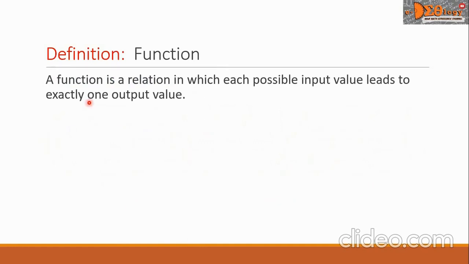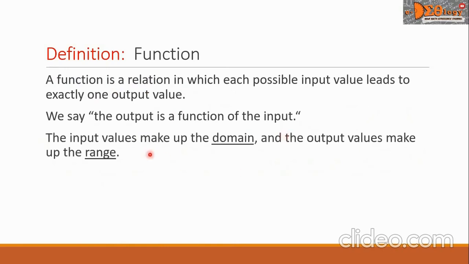Further, a function is a relation in which each possible input value leads to exactly one output value. We say the output is a function of the input. The input values make up the domain, and the output values make up the range.